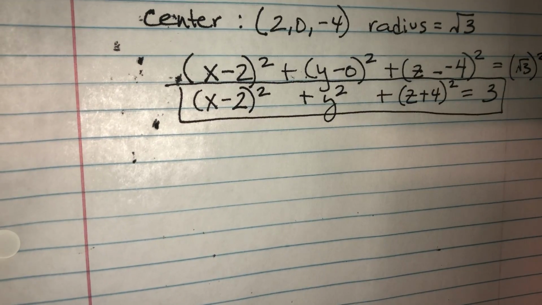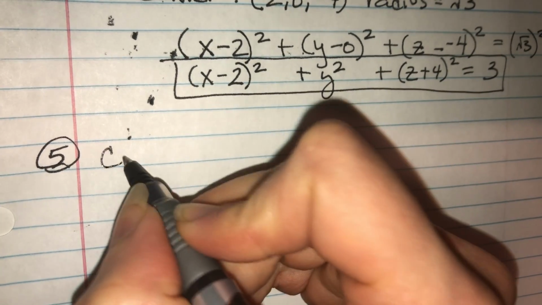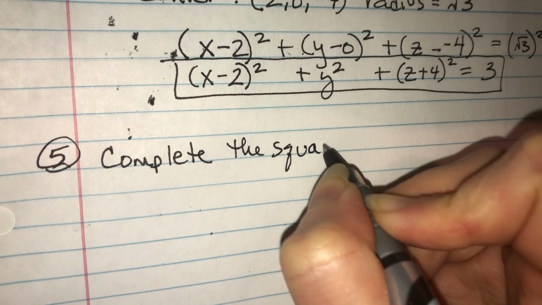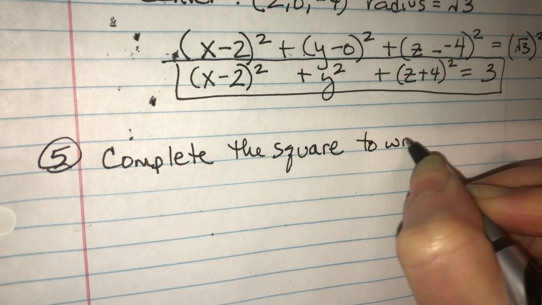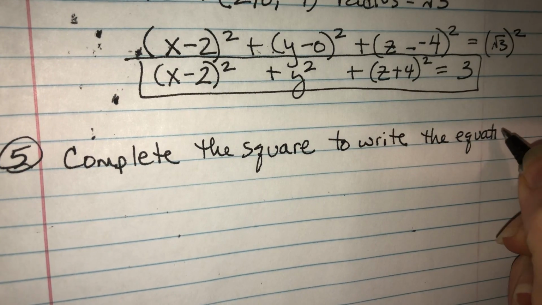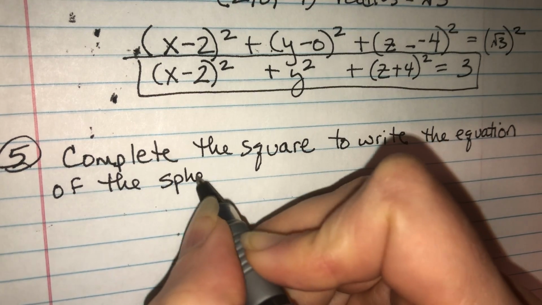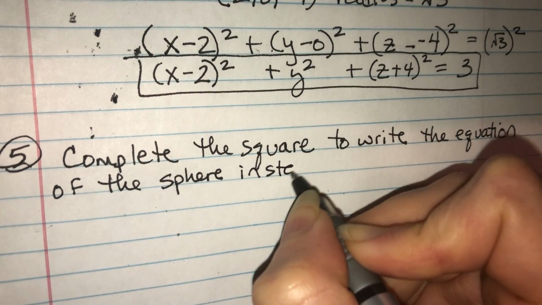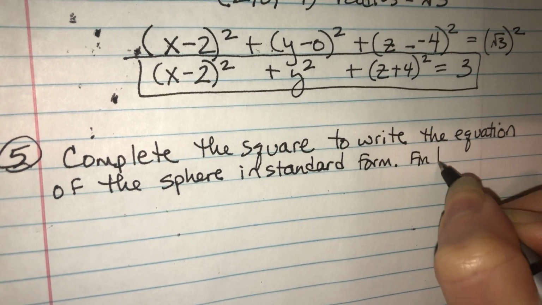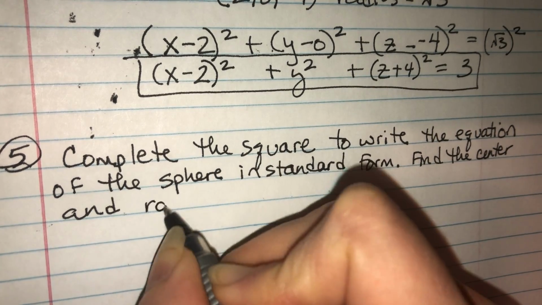Okay. Number 5, our last example. Complete the square to write the equation of the sphere in standard form, find the center and radius.